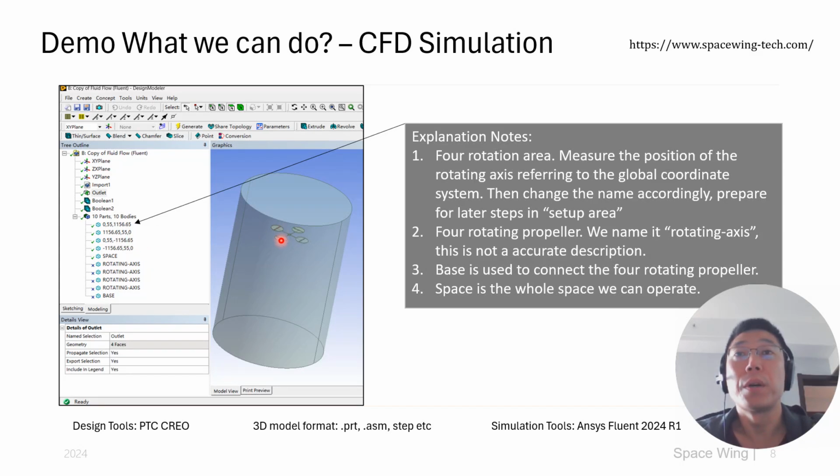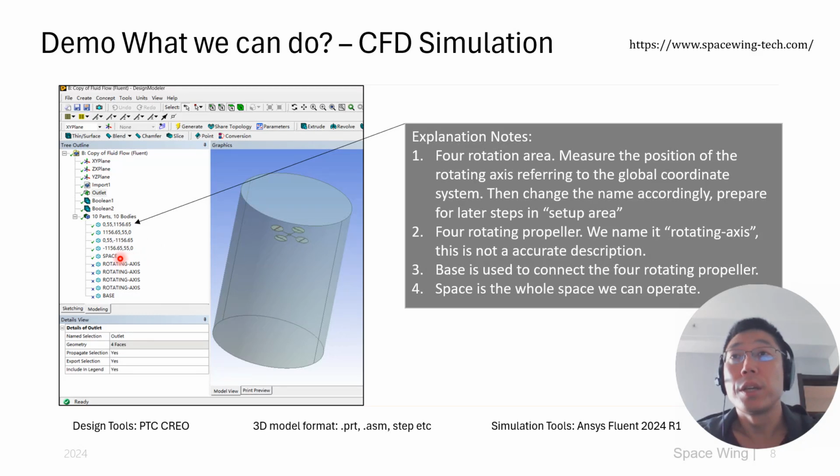For the four rotation areas, we need to measure the position of the center of each one, and write it down, changing the name here to the right position versus the global coordinate system. This will make it easier to update the setup information when we need to run the calculation.